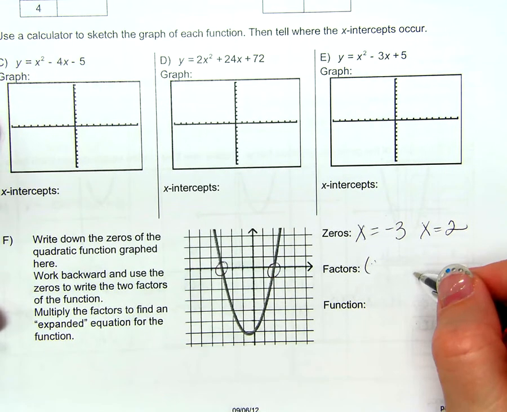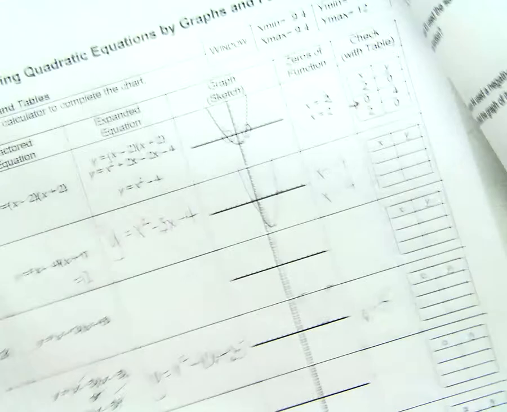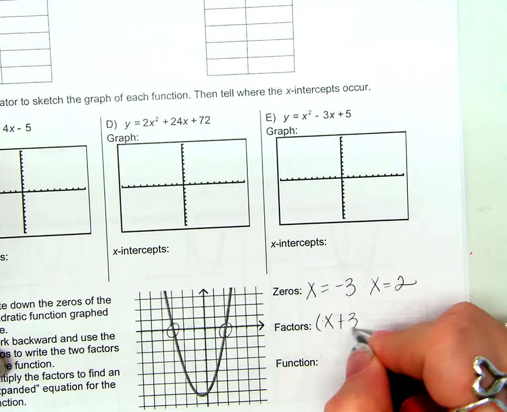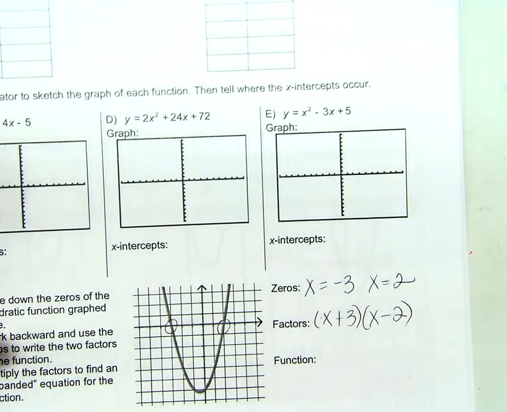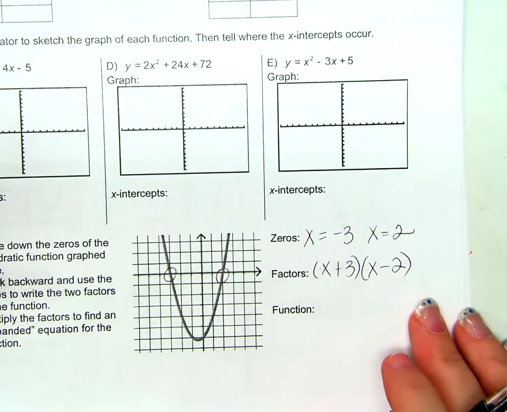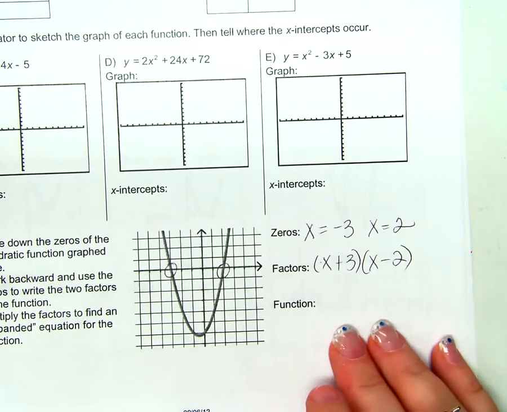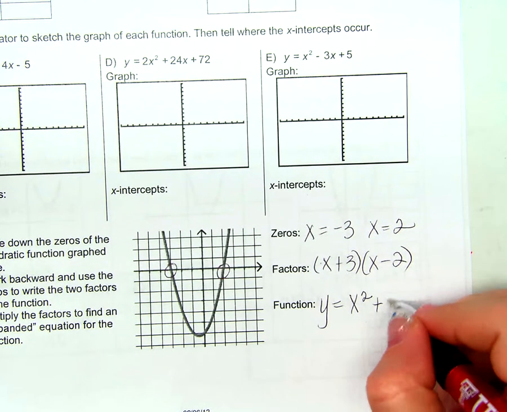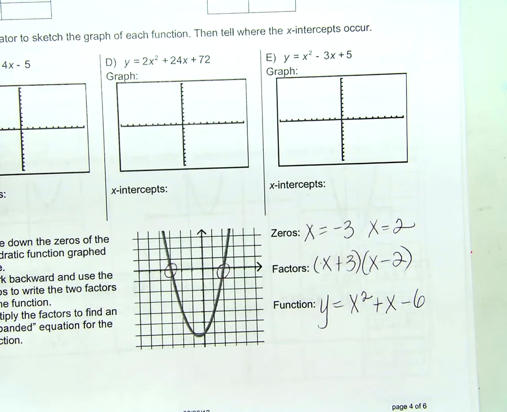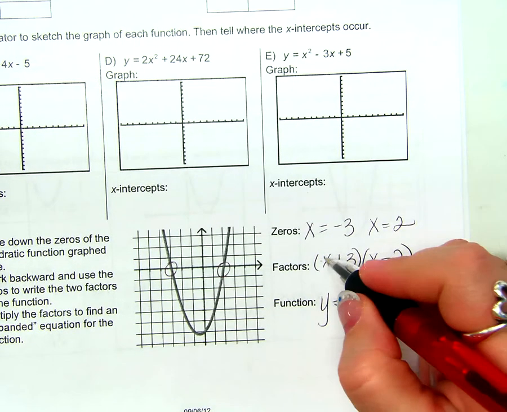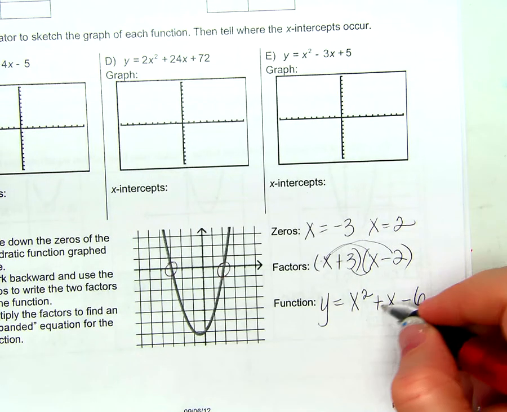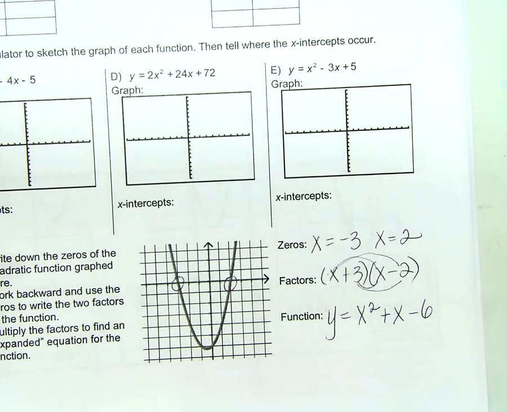How do I write my factors? Yeah, look back over at the chart. What do factors look like? So x plus 3 and x minus 2. Excellent. So how do I write the function? X squared plus x minus 6. X squared minus 2x plus 3x, which would give me x minus 6. Right?